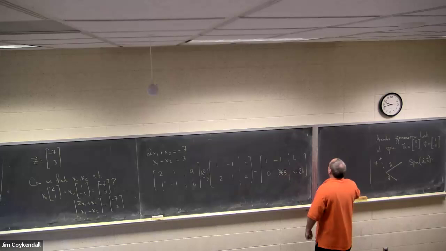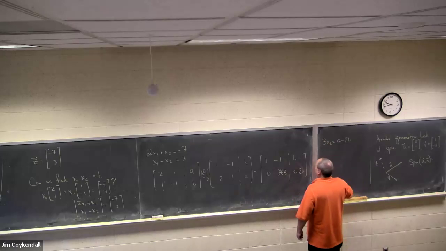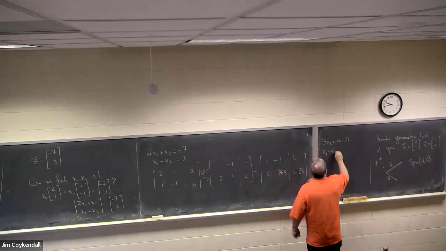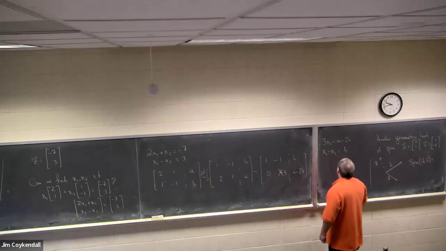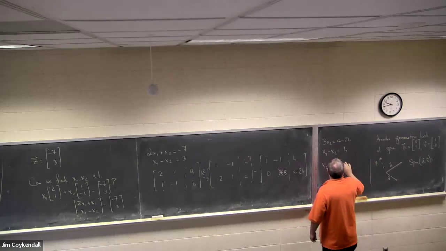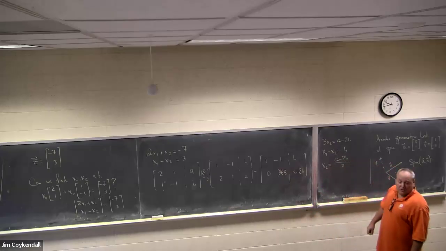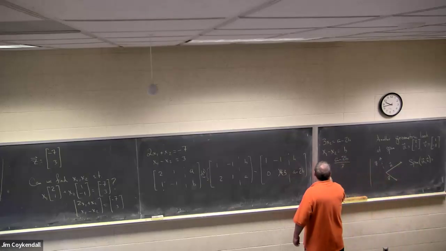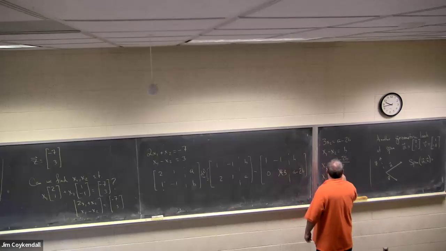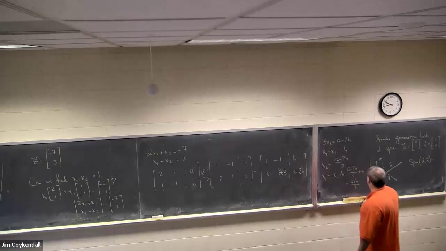So this gives me easier equations. So x2 is (a minus 2b) over 3. And once I know that, I've got it licked, because x1 is x2 plus b, which is (a minus 2b) over 3 plus b, which is (a plus b) over 3.